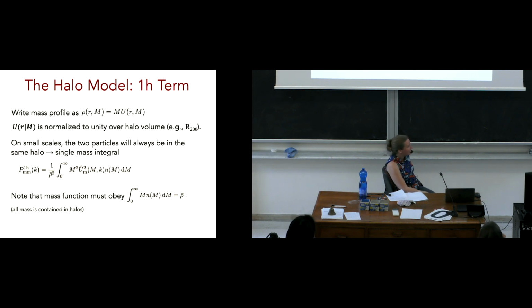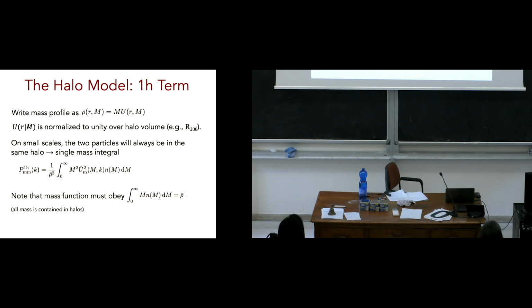So in Fourier space, we then get the Fourier transformed density profile squared, a simple product, and then to get the contribution to the total one halo term across all halos, we still have to integrate this over mass.